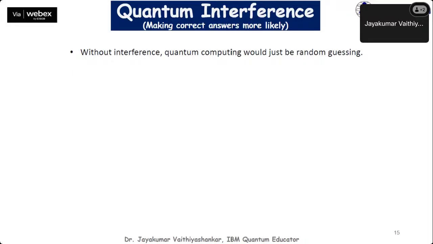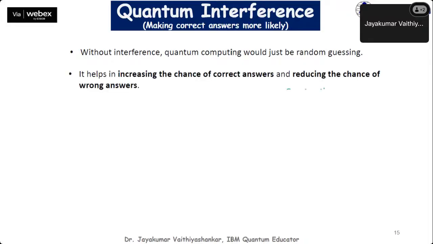Even though it is random, you need to run it multiple times, n number of times. You need to have some patience. Until the result is guaranteed, you need to execute the same experiment n times. Running quantum experiments a sufficient number of times increases the chance of the correct answer and reduces the chance of a wrong answer.